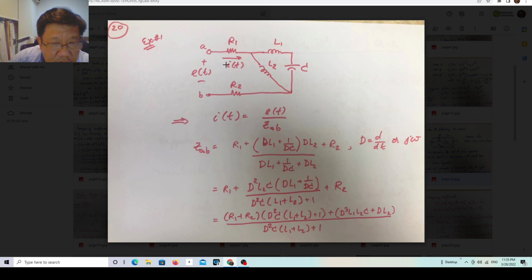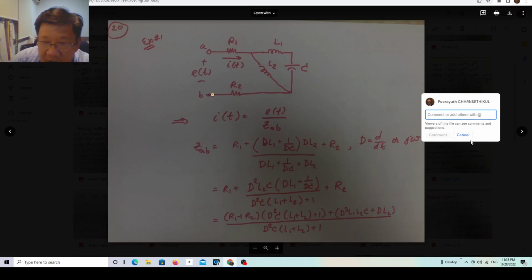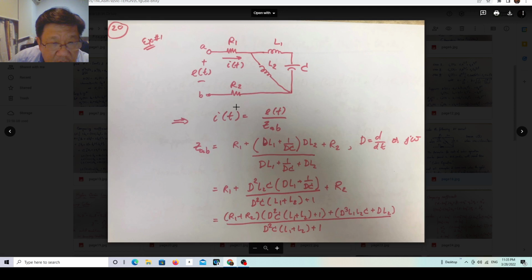Next, we want to find the whole resistance across terminal A and terminal B here. Look at here that we have R sub 1, a resistor, connected in series with this part of the problem.